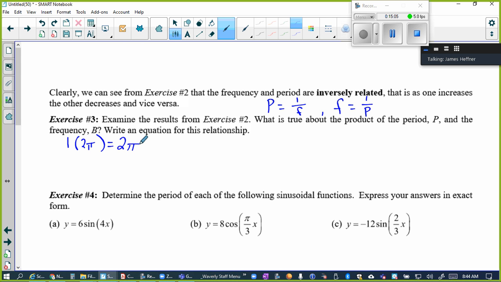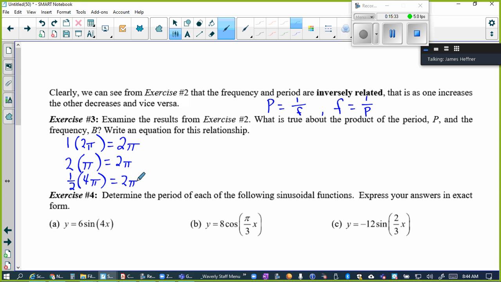And then the second one we did, the frequency was 2 and its period was pi, which gives us, again, 2 pi, doesn't it? But the other one where it was 1 half and the period was 4 pi, what's half of 4 pi? 2 pi.